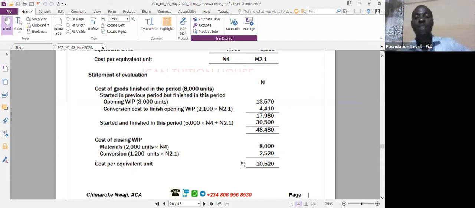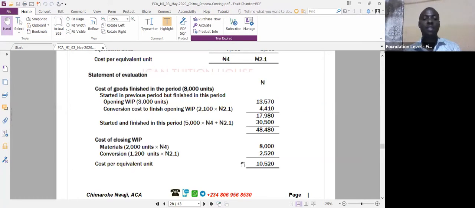So you add them together, your finished goods now, 8,000 units. You divide it into 3,000 and 5,000: 8,000 units that we have completed. 3,000 we started last period and completed this period.